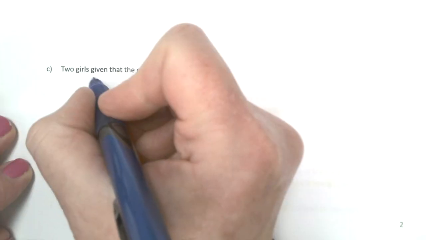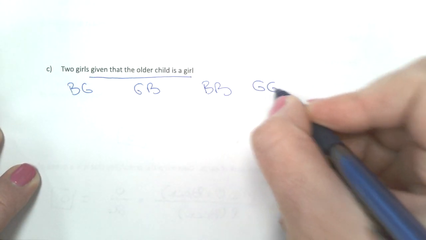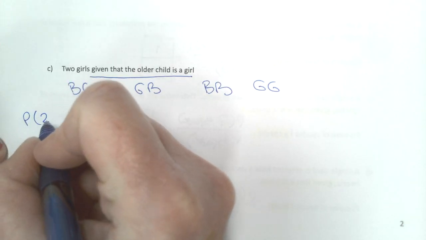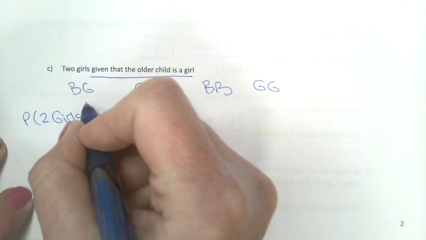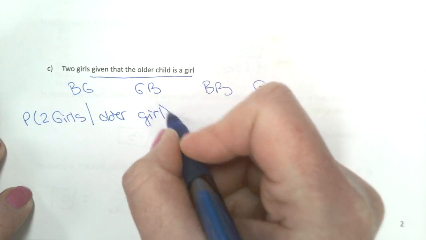The probability that you have 2 girls given the older child's a girl. So I have the same possibilities. I want the probability that I have 2 girls given the older one is a girl.